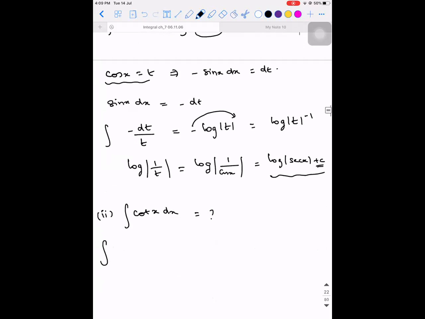Sir, log sin x plus c. So log mod of sin x plus c. What? Log sin x plus c.